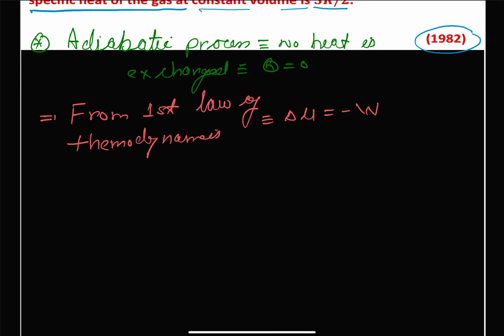And the various parameters that are given to us: the number of moles, that is, the value of n is equal to 1. The initial pressure P1 is 10⁵ pascals.